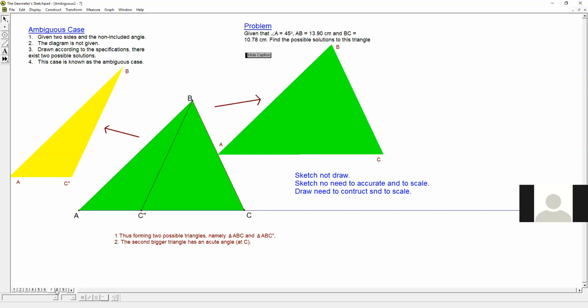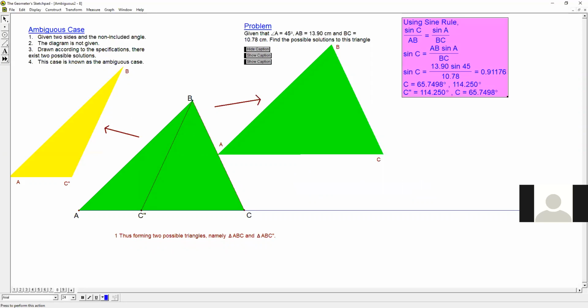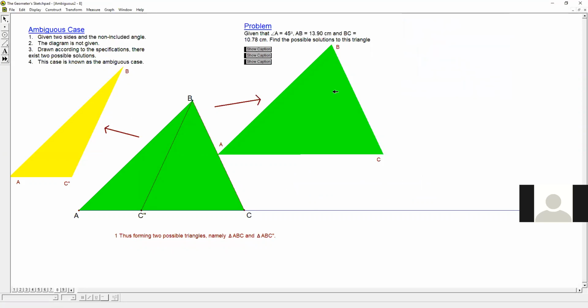Okay, right. The next one. Oh, so fast. Now, as for your calculation, this is the one that you need to show in your additional mathematics. When you read the notes here, given two sides and the non-included angle, this is the case of the sine rule.